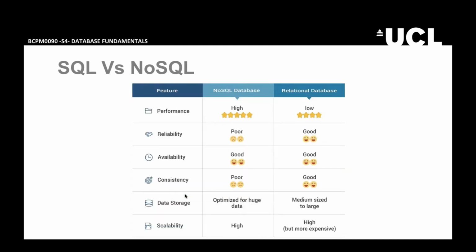So here in that table you can see a comparison of NoSQL and relational databases in terms of performance, reliability, availability, consistency, data storage, and scalability. As you can see, the relational databases are much better in terms of reliability and consistency of the data, while NoSQL databases are better at dealing with huge amounts of data and allow scalability at lower prices.